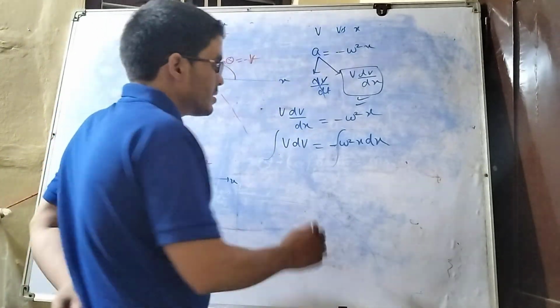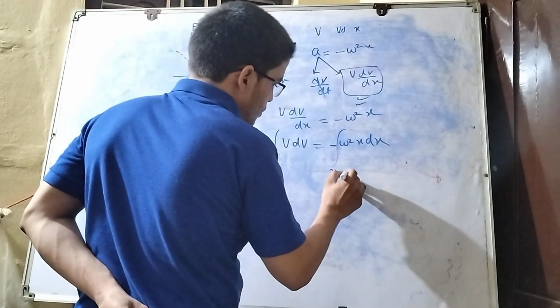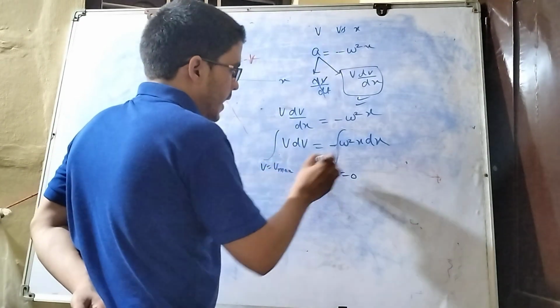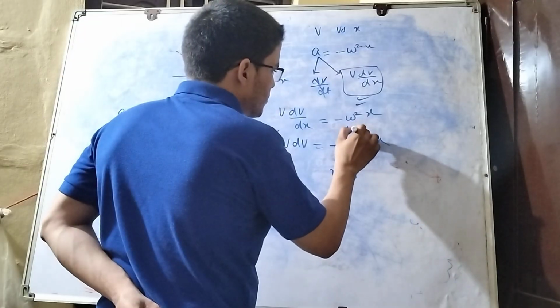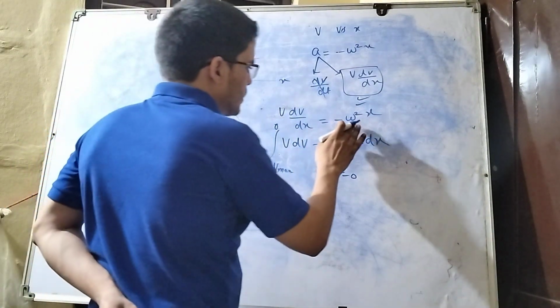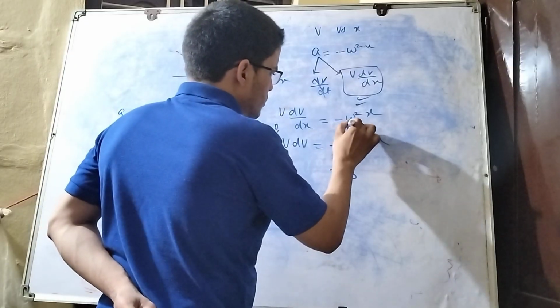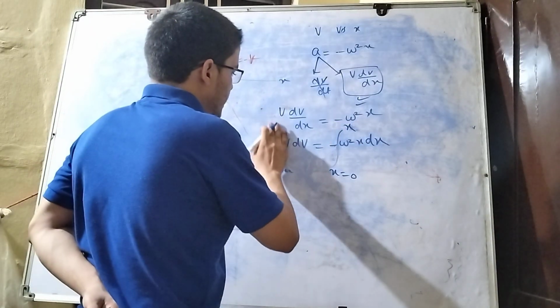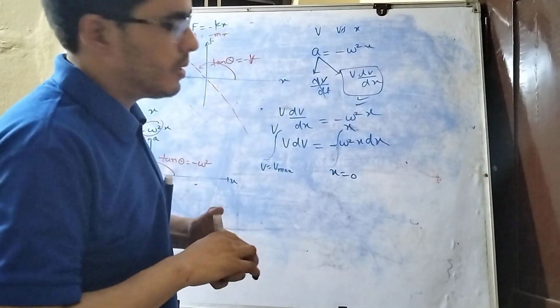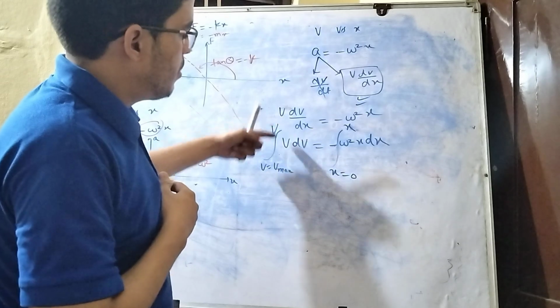If x equals 0, what is the velocity? Sir, it will be the maximum velocity. And if x equals plus a, what is the velocity, sir? 0. Otherwise, you can do one thing: x equals x, just random, and write velocity v. But you know, this is not correct. Why? Because both limits are variable.